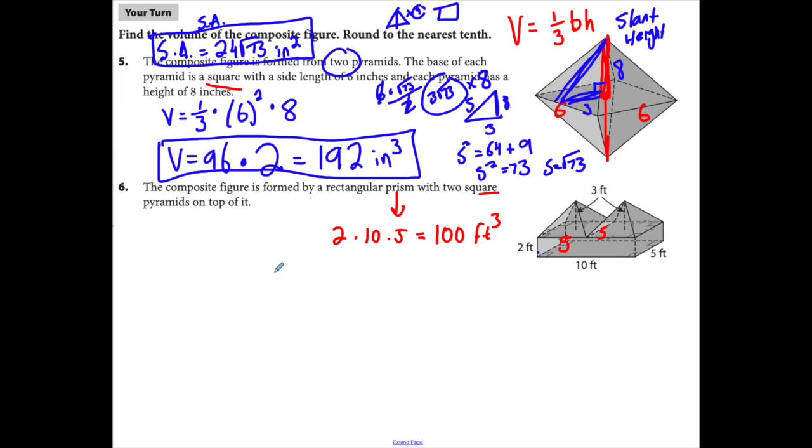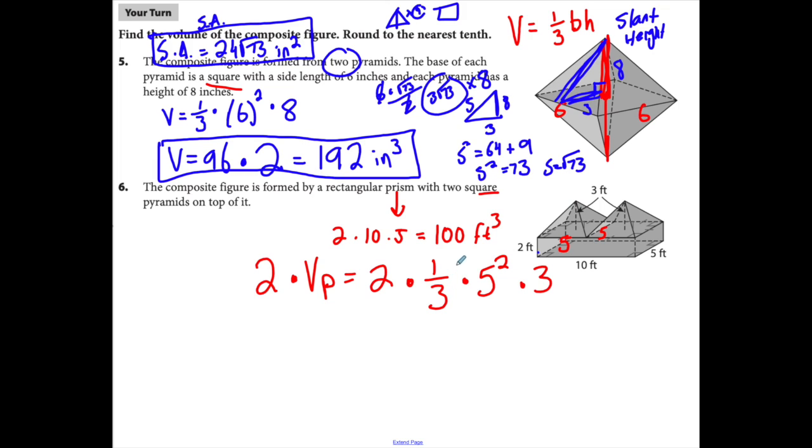So that means I've got 2 times the volume of the pyramid, which is equal to 2 times, remember the volume formula, 1/3 times the area of the base times the height, right? You have to do the area of the base, or 5 squared.